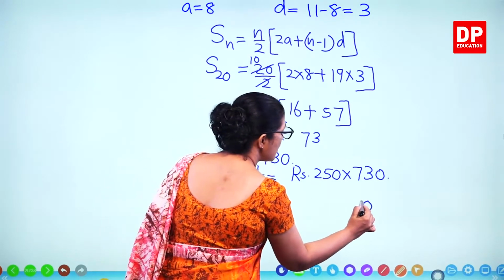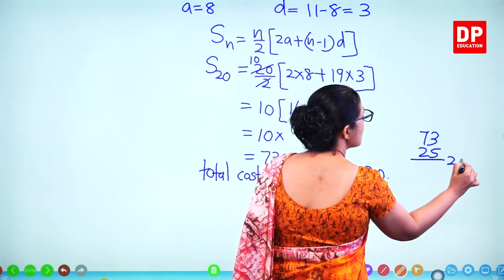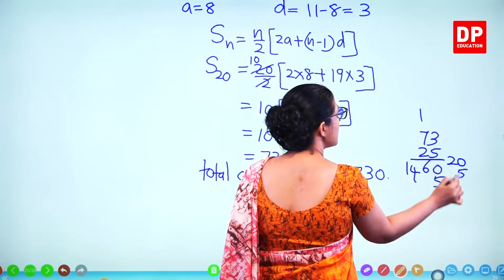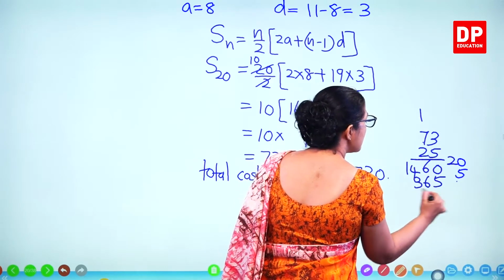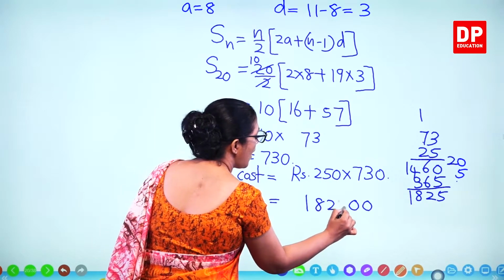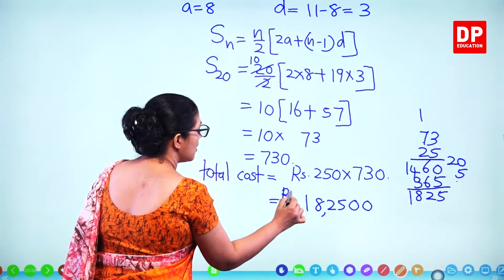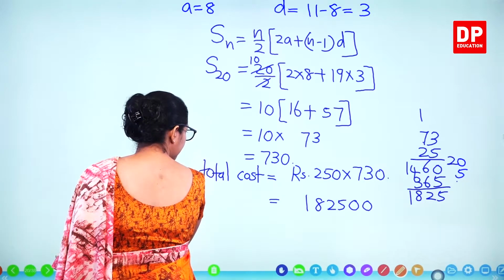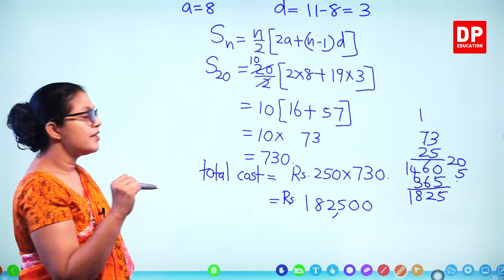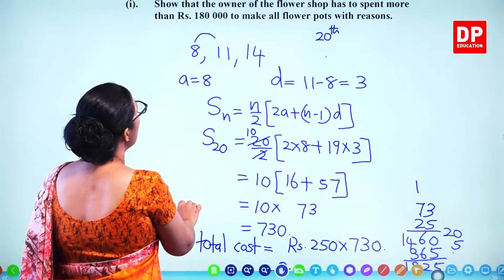So multiplication, 2 zeros, and 25 times 73, 20 and 5, 6 and 14, 5 times 3, 15, 5 times 7, 35 plus 1, 36. 1825, 18,000. What's the value? This is 182,500 rupees. So that's more than 180,000.